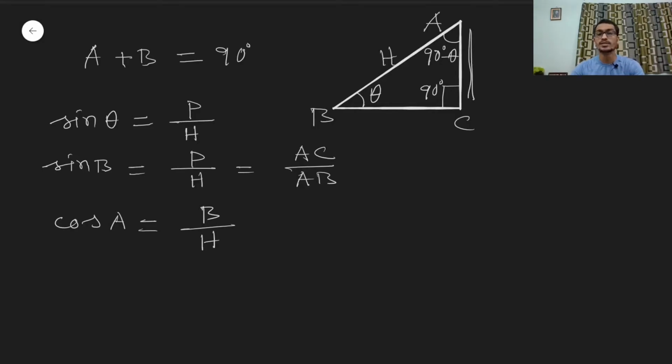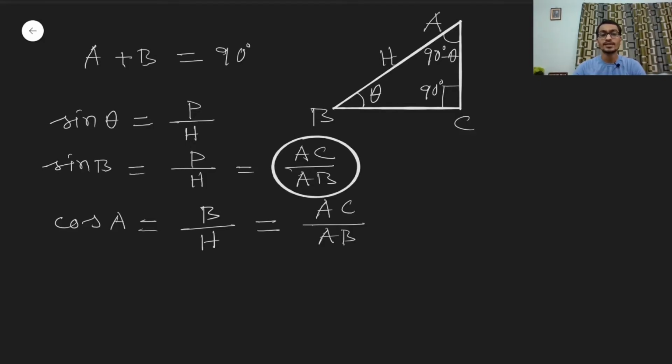Obviously there are two adjacent sides, one is AC, another is AB. Since AB is clearly the hypotenuse, here AC is the base. So cos A equals AC by hypotenuse AB. You can clearly observe that both are same.